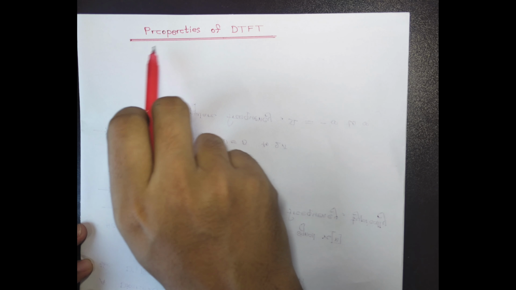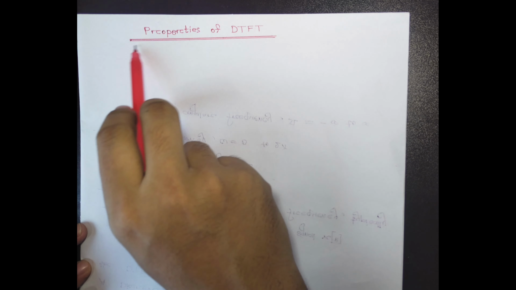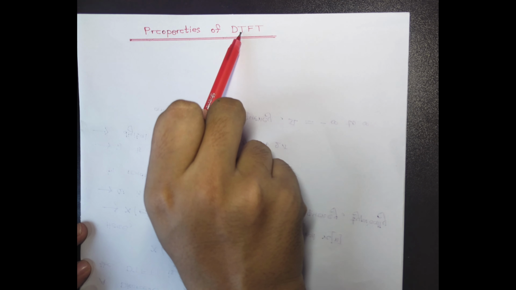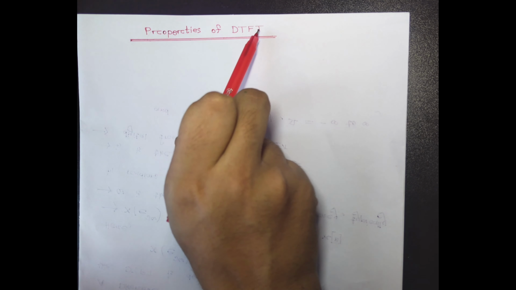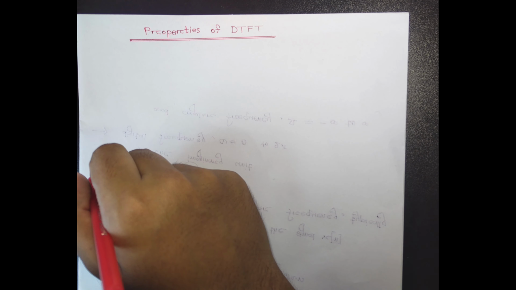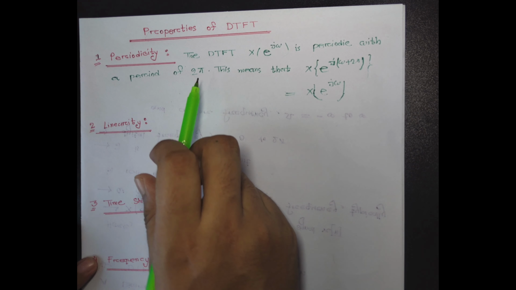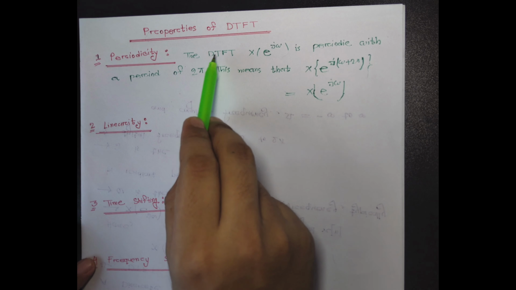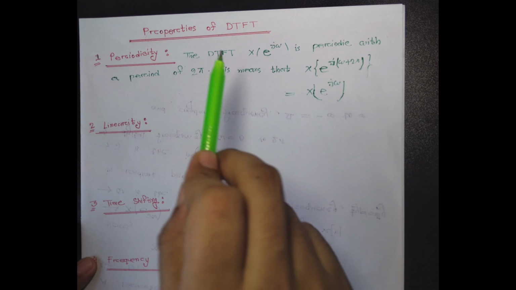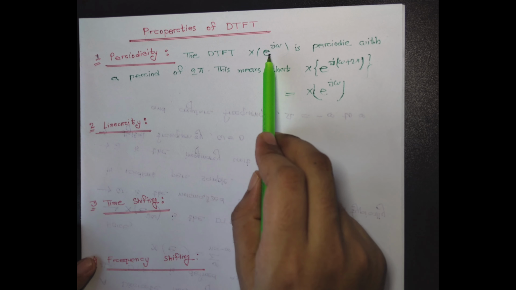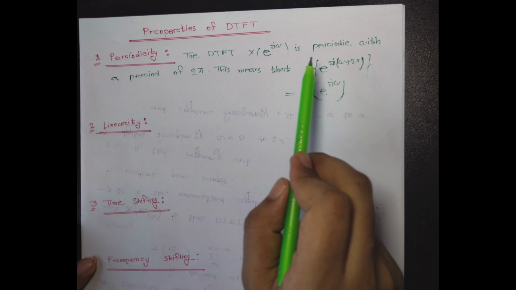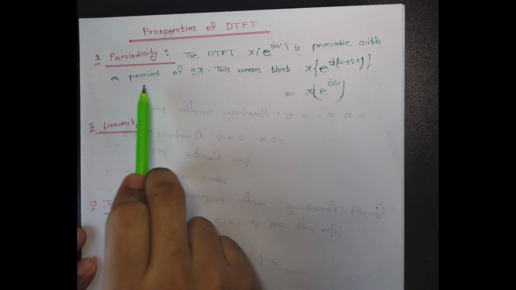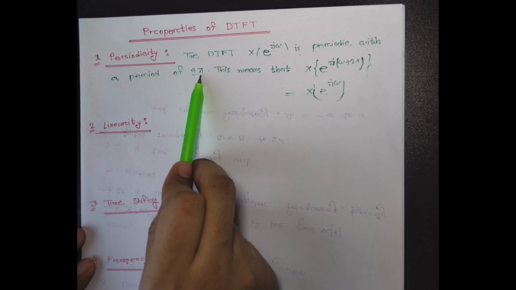Now I will discuss properties of the discrete time Fourier transform. Now the periodicity property: X(e^jω) is periodic with a period of 2π.